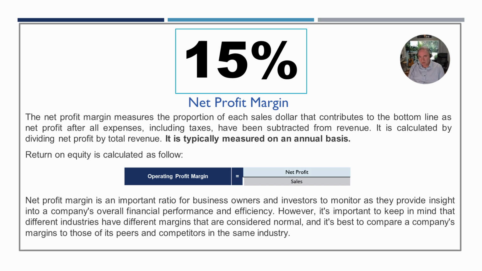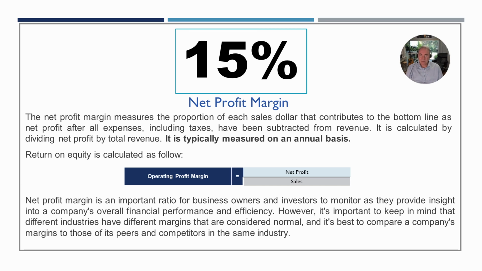The net profit margin is even more important. So the net profit margin measures the proportion of each sale dollar that contributes to the bottom line as net profit after all expenses, including taxes, have been subtracted from the revenue. So in some ways, it's a more important number.